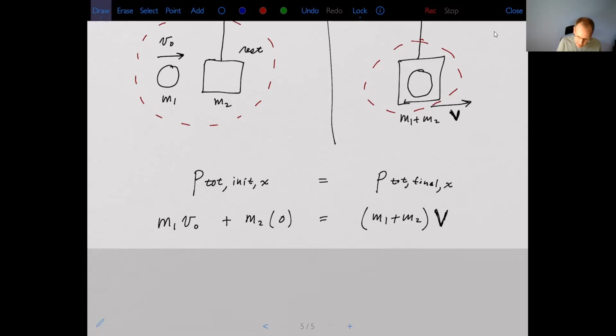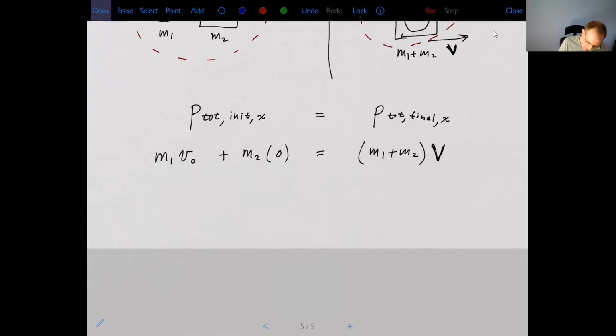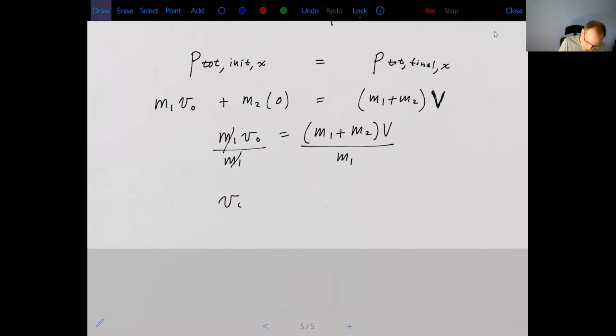So what I can do here is solve this for V naught. So I have m1 V naught is equal to m1 plus m2 times V. So let me divide both sides by m1. These cancel. So I have V naught is equal to m1 plus m2 times capital V divided by m1.